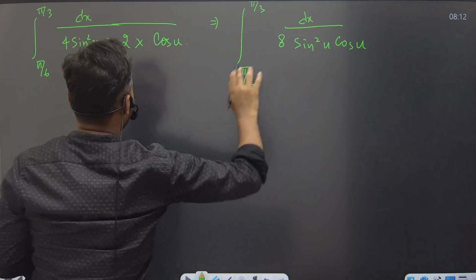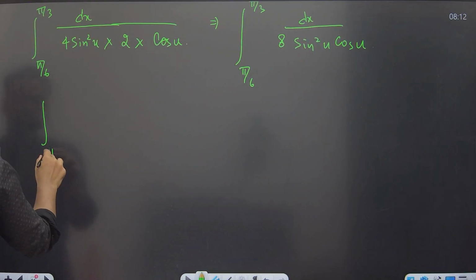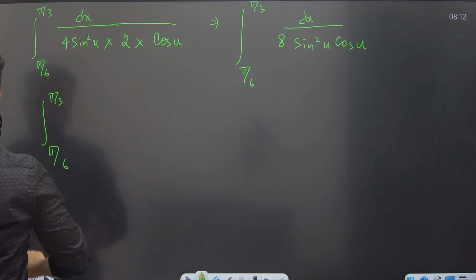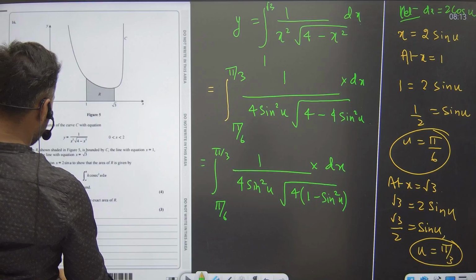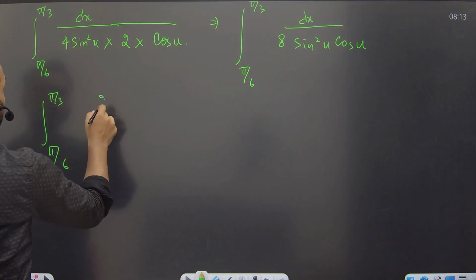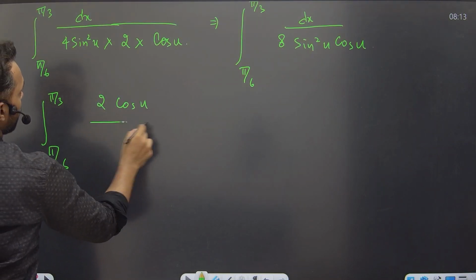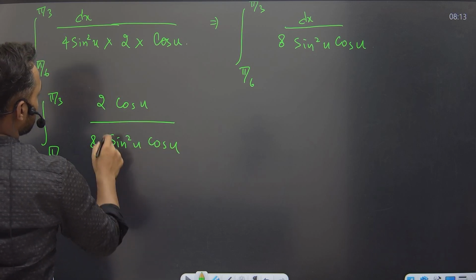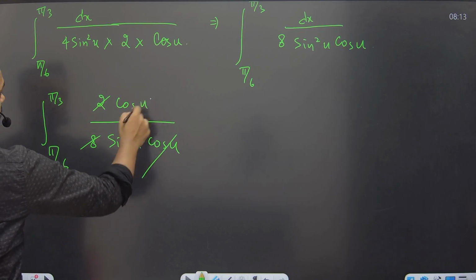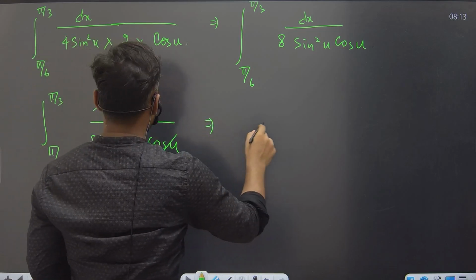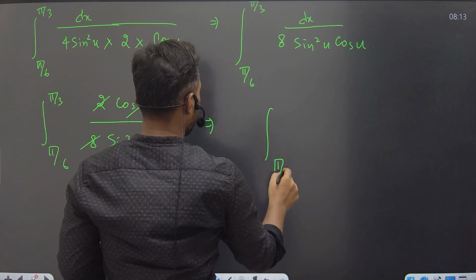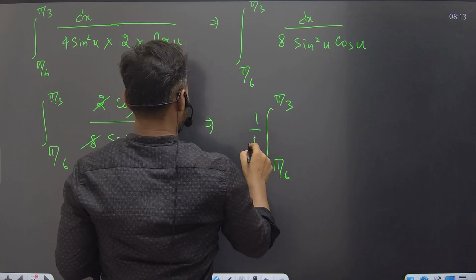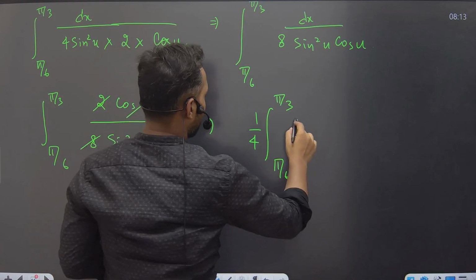Now if we keep the dx value, you will get the integration from pi by 6 to pi by 3 of 2 times cos u upon 8 sine square u cos u. This all gets cancelled, so you will get the integration from pi by 6 to pi by 3 of 1 by 4 cosec square u.